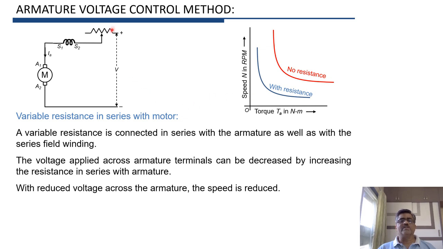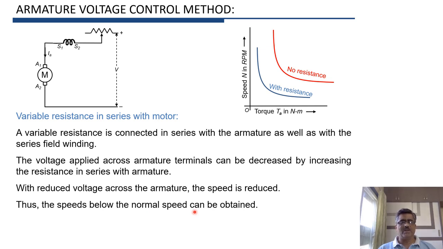So with increase in variable resistance connected in series with the motor, we can reduce the speed of the motor, and therefore with the help of this method we can obtain only those speeds which are below the normal speed of the motor. So this method is suitable for obtaining only speeds below normal.